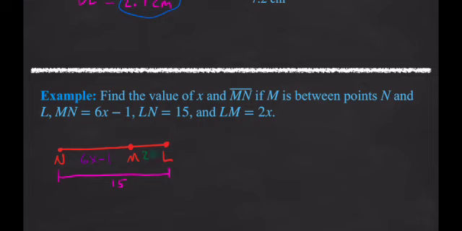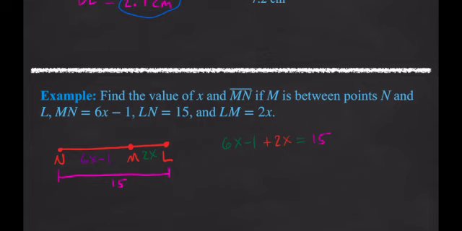Remember, segment addition postulate: two segments added together equals a larger segment. So we are going to make an equation. We have 6x minus 1. That's this first segment, that's M to N. We have the second segment, which is 2x. So we are going to add 2x to this, and that is going to be equal to that 15.